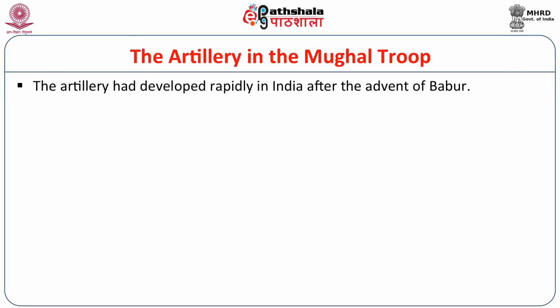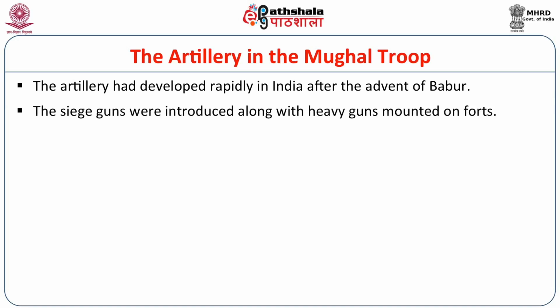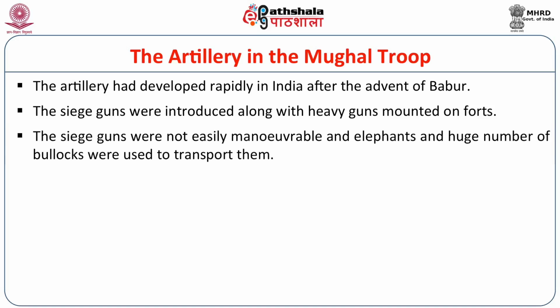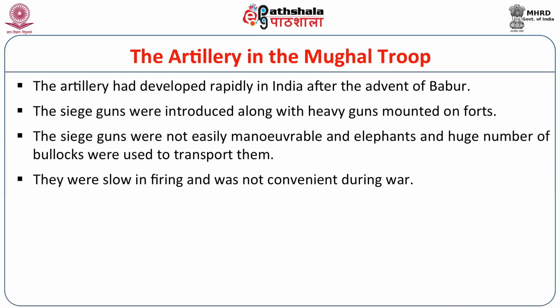The artillery had developed rapidly in India shortly after the advent of Babur. The siege guns were introduced along with heavy guns mounted on forts. The siege guns were not easily maneuverable, and elephants and a huge number of bullocks were used to transport them. They were slow in firing and not convenient for war.